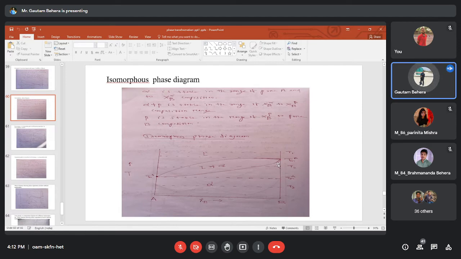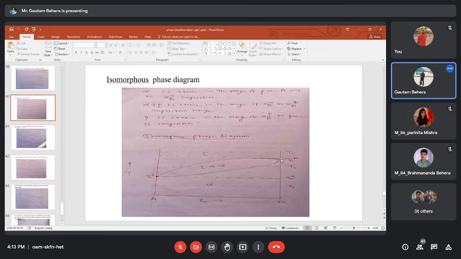That means alpha and liquid both are stable at this point. Only at this point, alpha and liquid both are stable, right? But if you go from this end to pure end A, then liquid will be stable, but alpha is not stable. At this point only, liquid and alpha both will be stable, because the liquidus line and solidus line are intersecting at this point. This is a constant point, because this is the melting point of pure B. You understood my point? Yes or no?